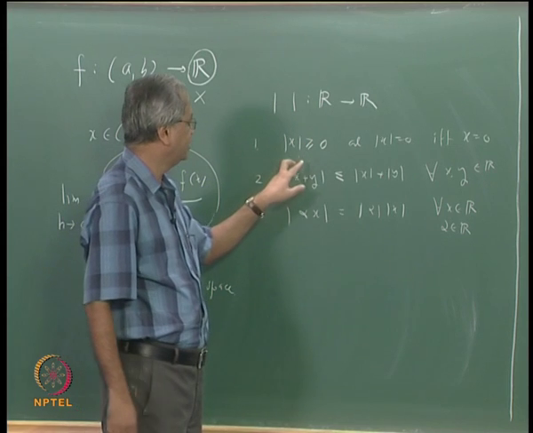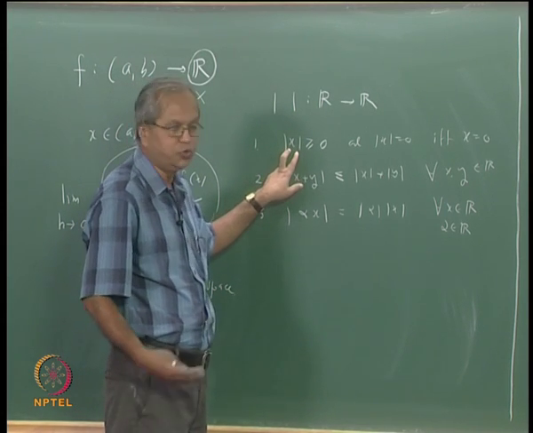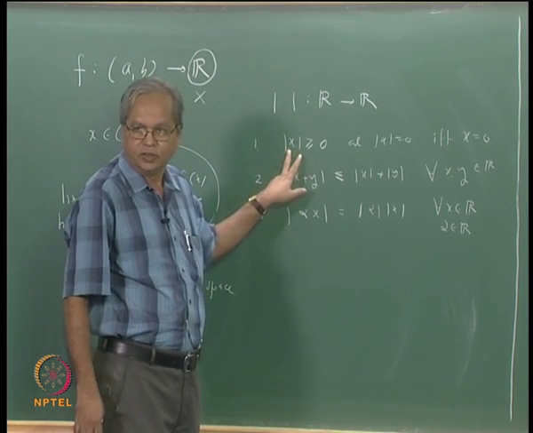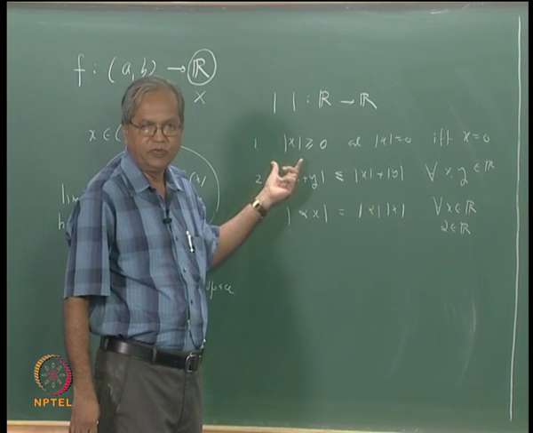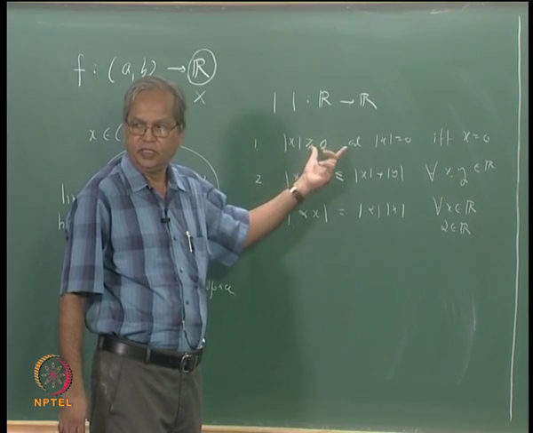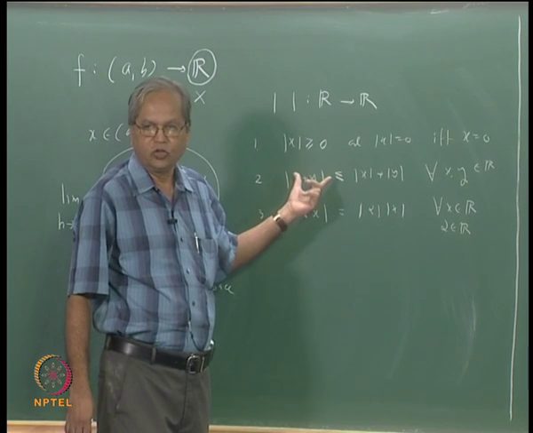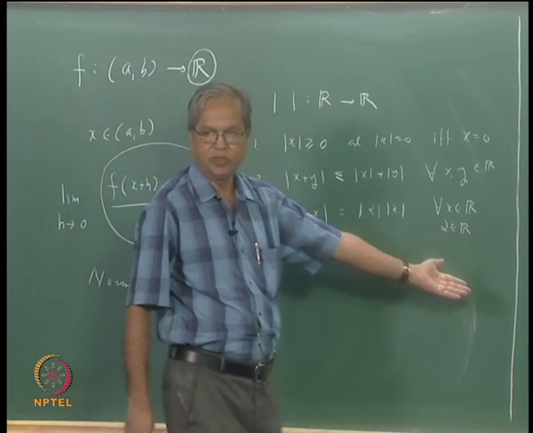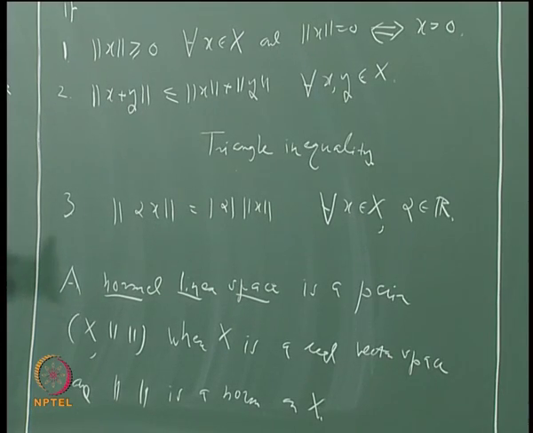How is the usual metric on R defined? Distance between x and y is nothing but mod of x minus y. You do the same thing in an arbitrary normed linear space. You define distance between x and y as norm of x minus y, that is a metric.